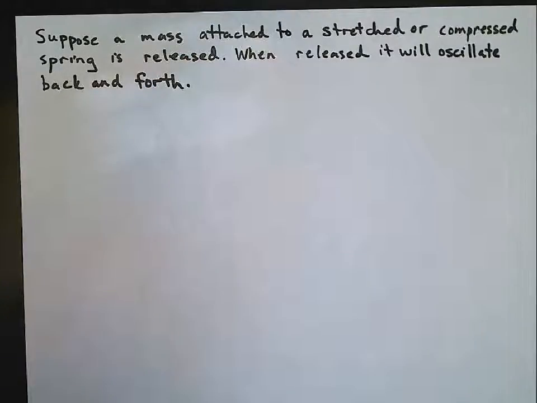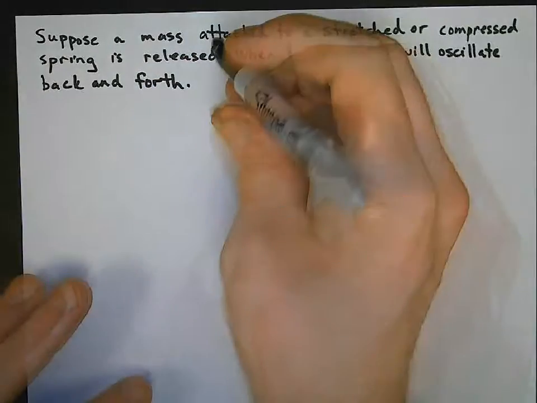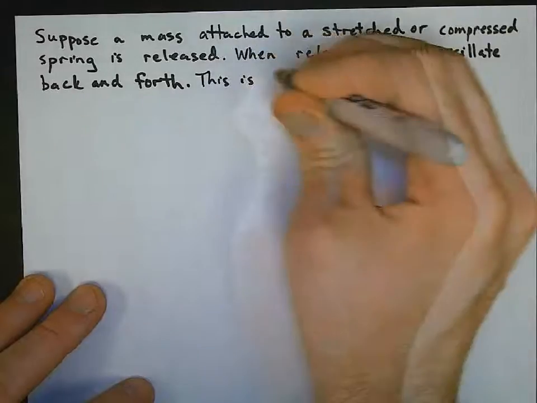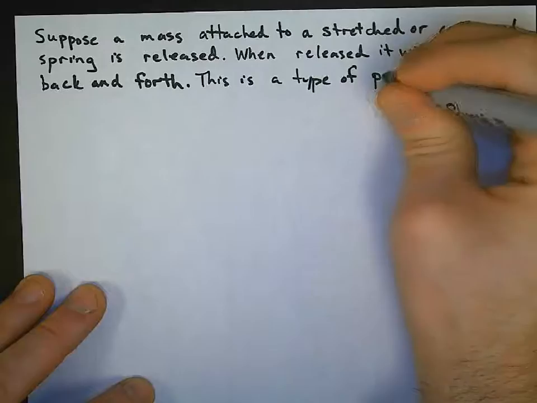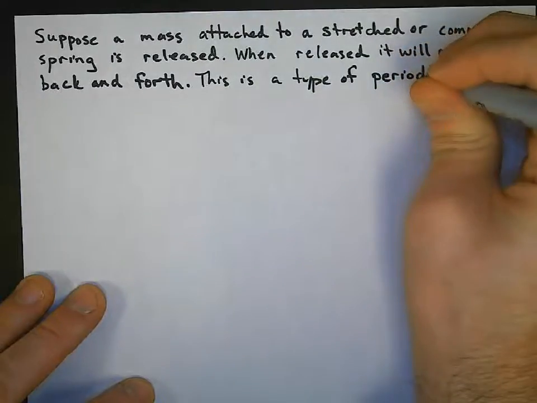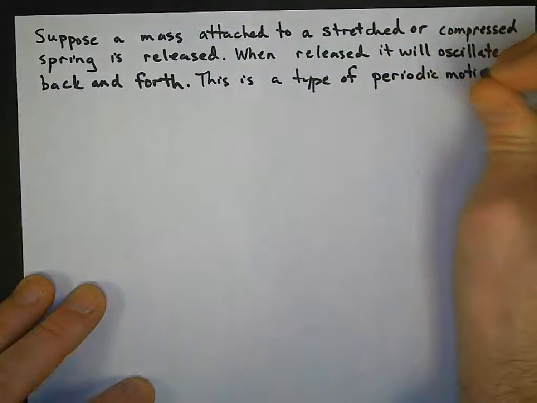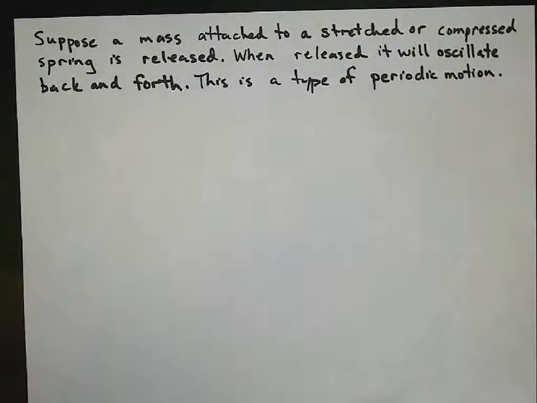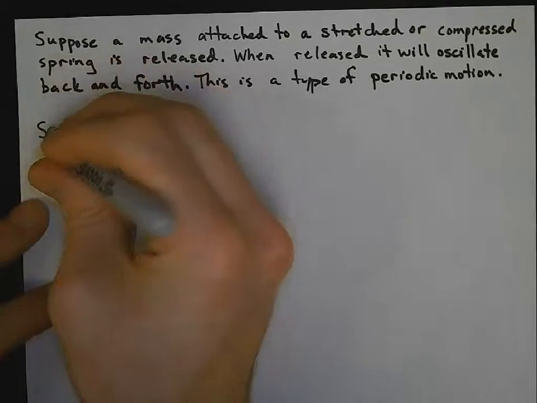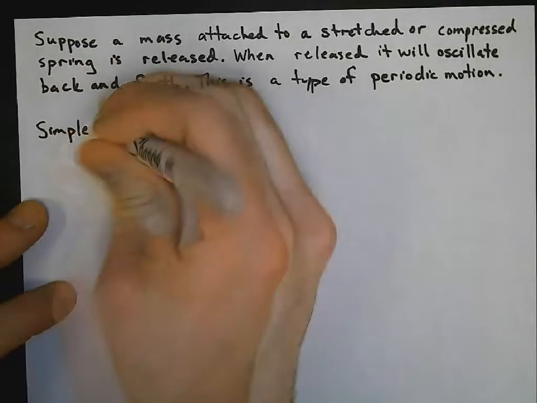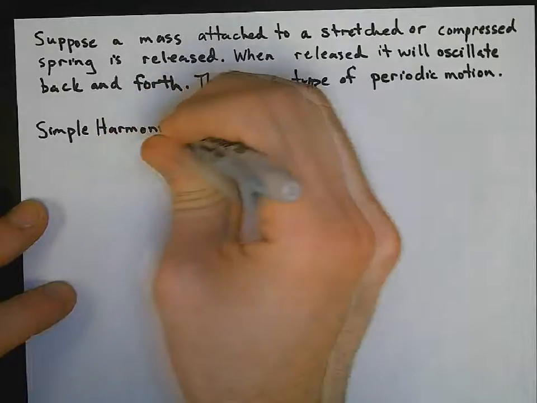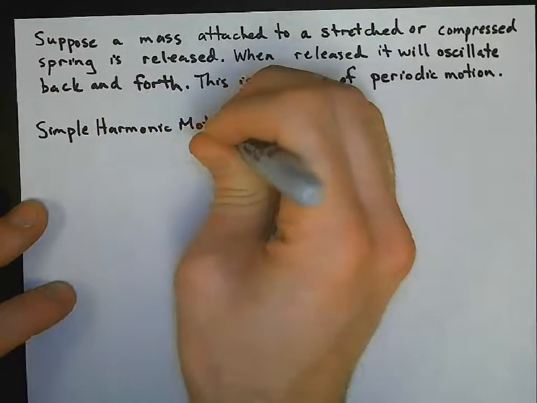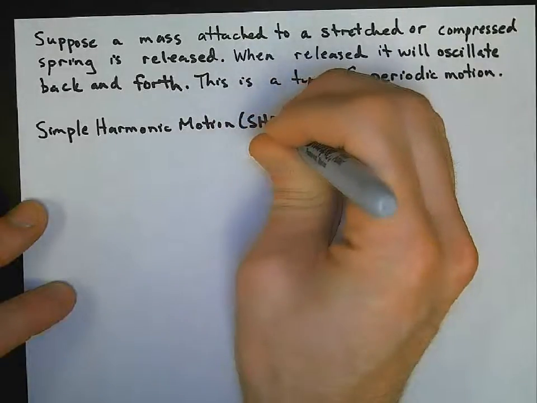And this oscillation back and forth, this type of motion, is a type of periodic motion. And we look at, in this section, a special type of periodic motion, and that is simple harmonic motion, which we will short form SHM.